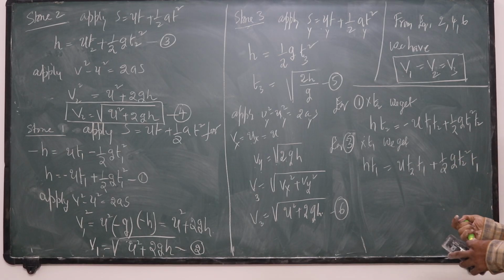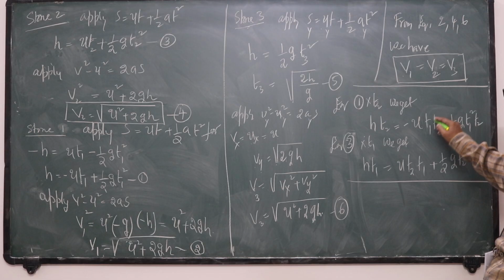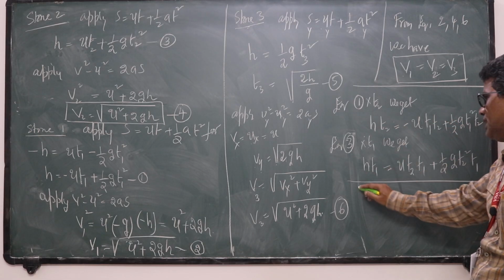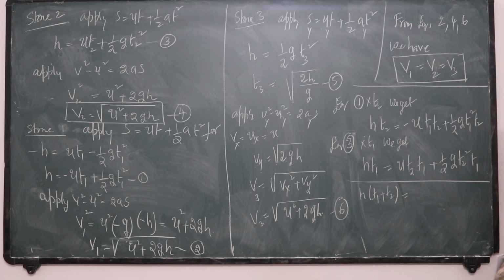Okay. So you multiplied these two. From these two equations you add, these two get cancelled. So you will get H of T1 plus T2. That is, you add these two. So what you will get? Half G, you take T1 T2 common, you will get T1 plus T2.